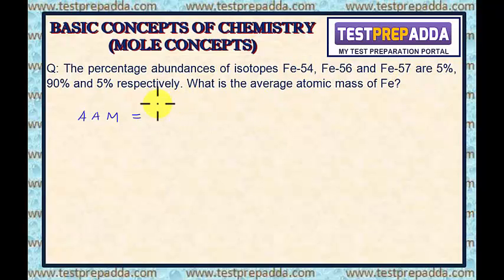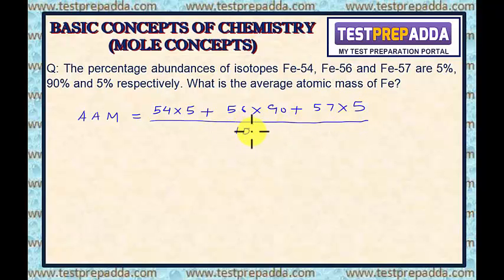Fe54 is 5%, so I'll write 54 into 5 plus 56 into 90 plus 57 into 5. The total percentage will obviously be 100. If you solve this, the value comes as 55.95. So this is the average atomic mass of Fe.